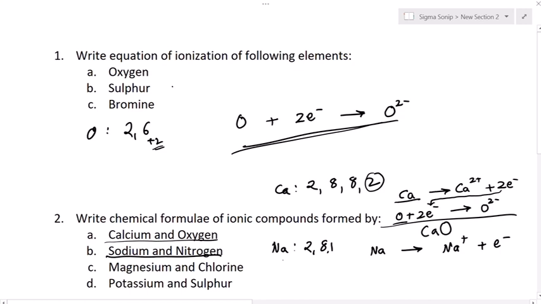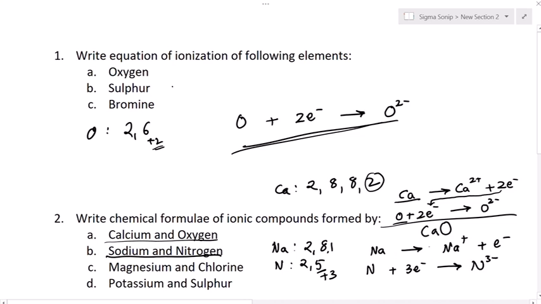Nitrogen here has electronic configuration of 2, 5, which is atomic number 7. So nitrogen needs to gain 3 electrons, then it becomes 2, 8. It gains a full octet in its valence shell. So nitrogen plus 3 electrons forms an ion with 3 units of negative charge.